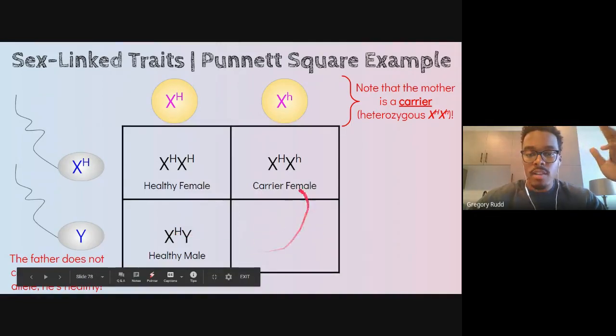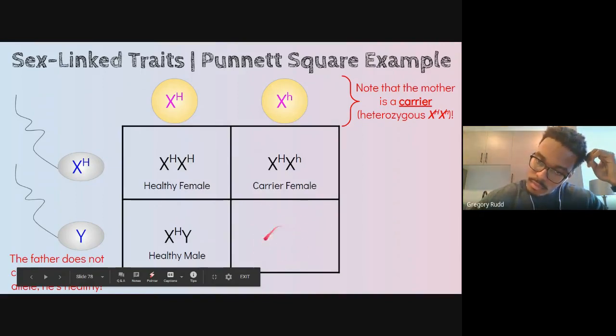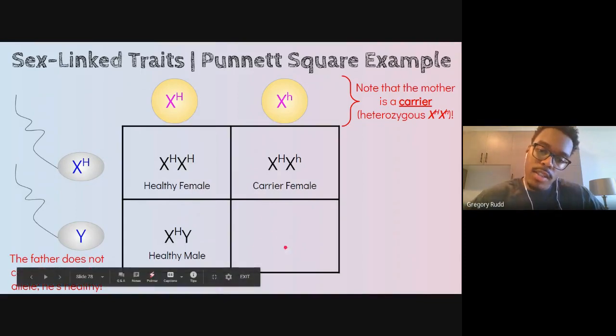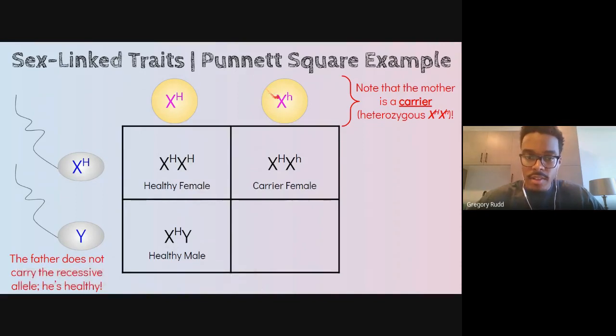And then our last box over here, what should go in this last bottom right box? Let's see. X, Y, and oh, I see you guys are sending messages. Good.